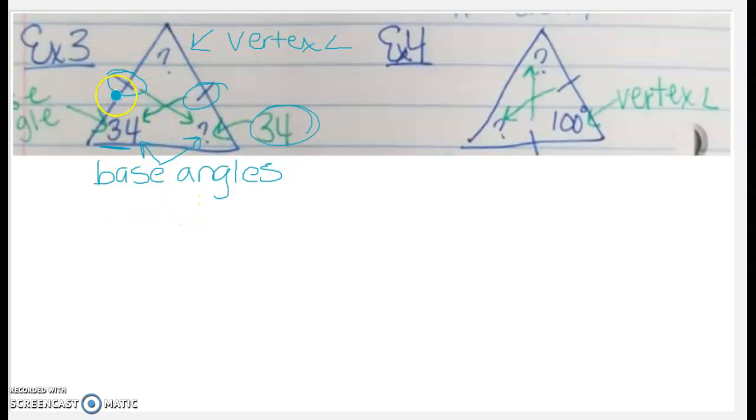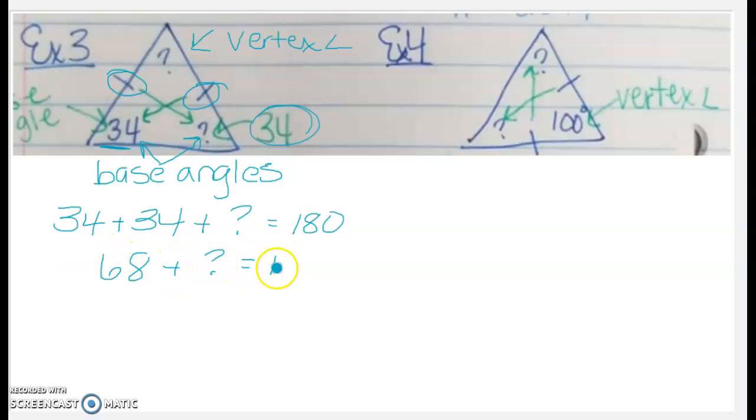So now I know that if two sides are equal, then two of my angles are equal. So this one's 34, then this one's 34. So then I can go to the triangle sum theorem that says all three angles have to add up to 180. I have a question mark there. So I double that and I get 68 plus my question mark would equal 180.